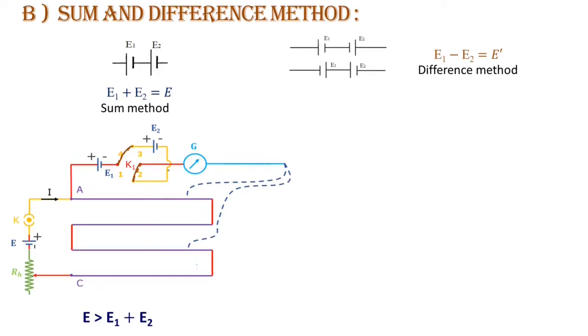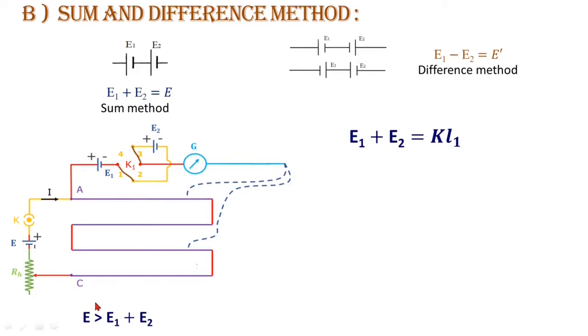The null point is obtained by using the jockey. Let L1 be the length of the wire between the null point and the point A. This corresponds to the EMF E1 plus E2, which means E1 plus E2 is equal to KL1.